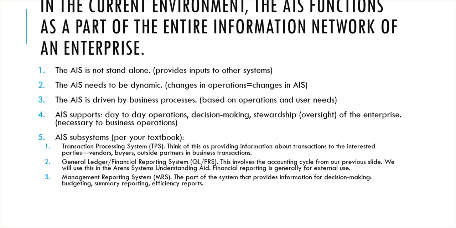This is when you have vendors, the people you're buying from, or your customers who you're selling to. You have other buyers. You have anyone who you're dealing with in business transactions. You have a transaction processing system. All of you are a part of transaction processing systems. You may not have known that until this point in time, but you are.